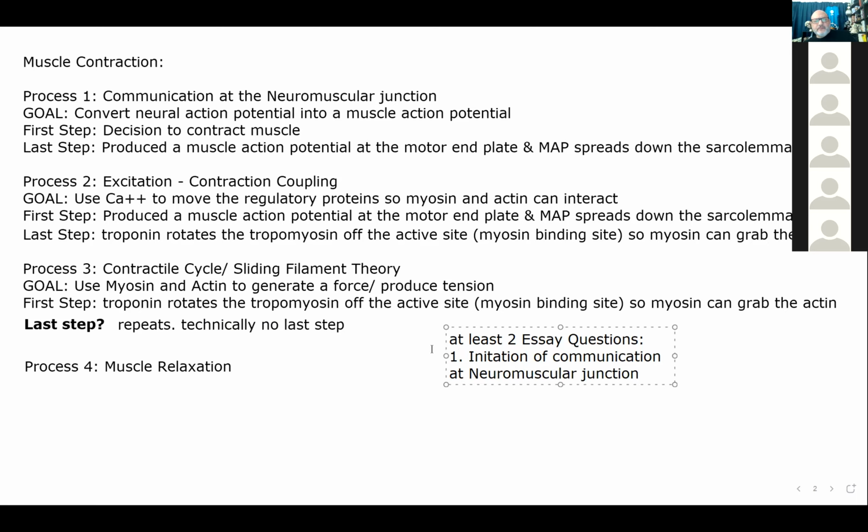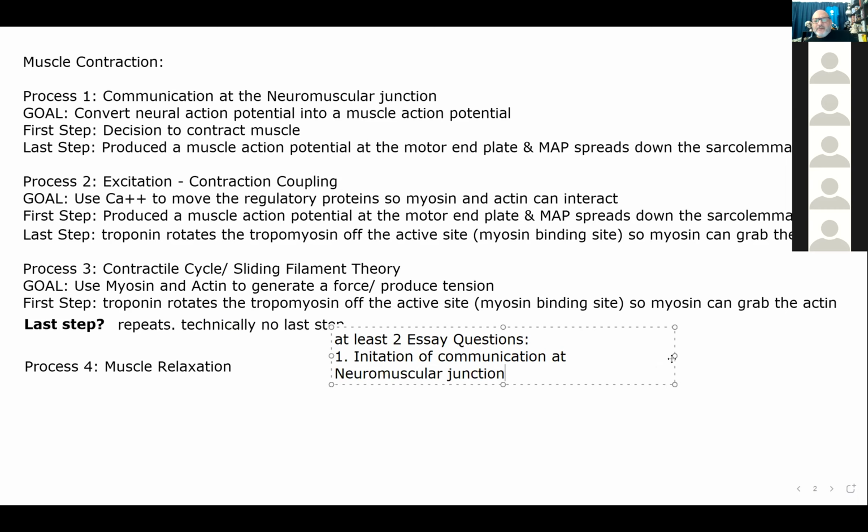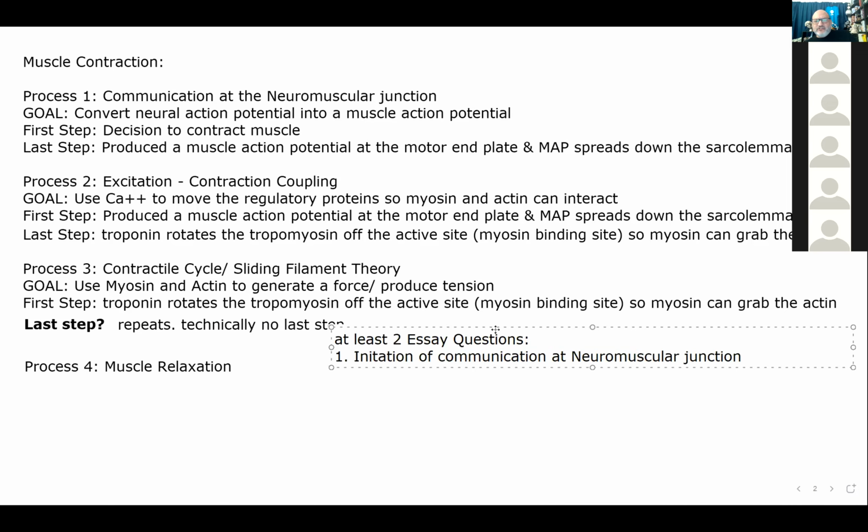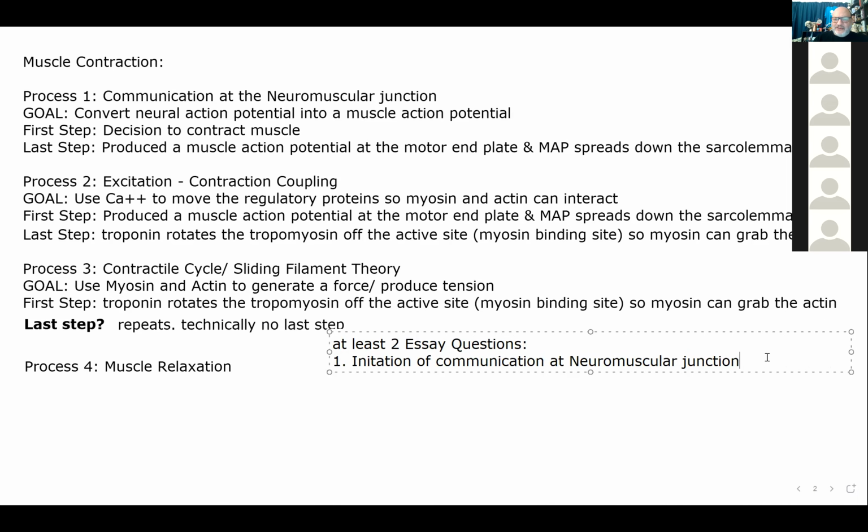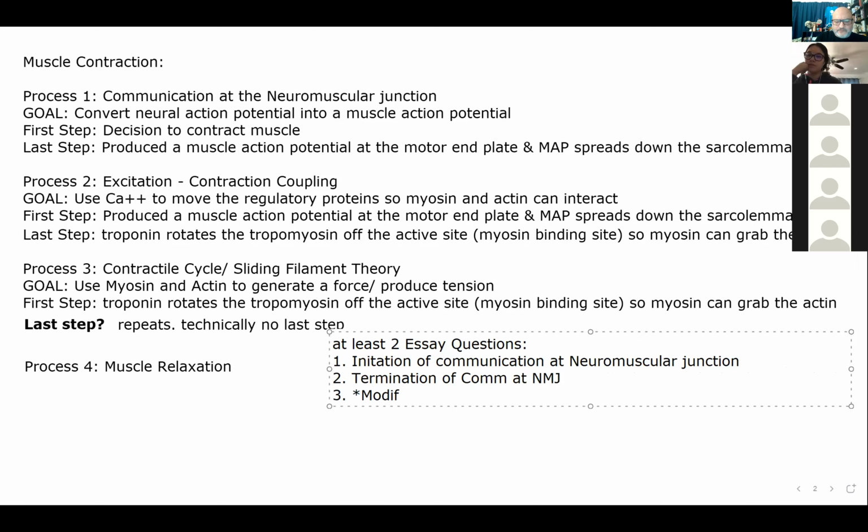So, if you remember, we came up with 7 possible essay questions, of which I guarantee 2 are going to be on the exam. Initiation of communication at the neuromuscular junction. Termination of communication at the neuromuscular junction. We talked about, and we'll put the asterisk by this, ways of modifying communication at the neuromuscular junction.